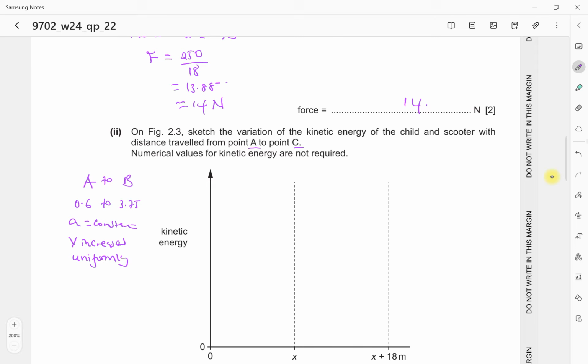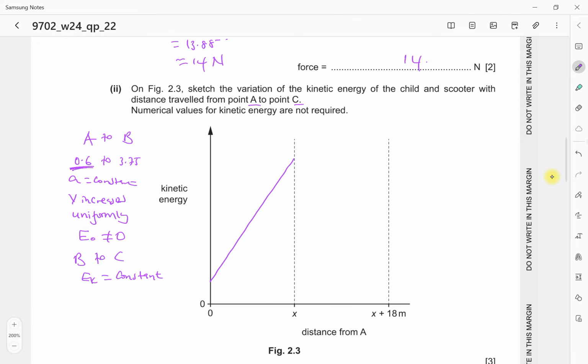So this is going to be a straight line. But it will not start from zero, because the initial velocity is not zero, it is 0.6. So I'm going to draw a line which does not start from zero, but the kinetic energy increases. Then between B and C, the speed remains constant as mentioned, which means kinetic energy is going to remain constant.